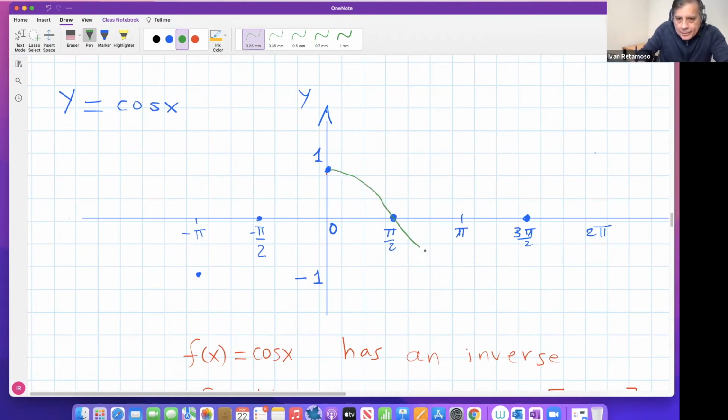Over a period, it reaches this point and then goes like this, and ends up here.